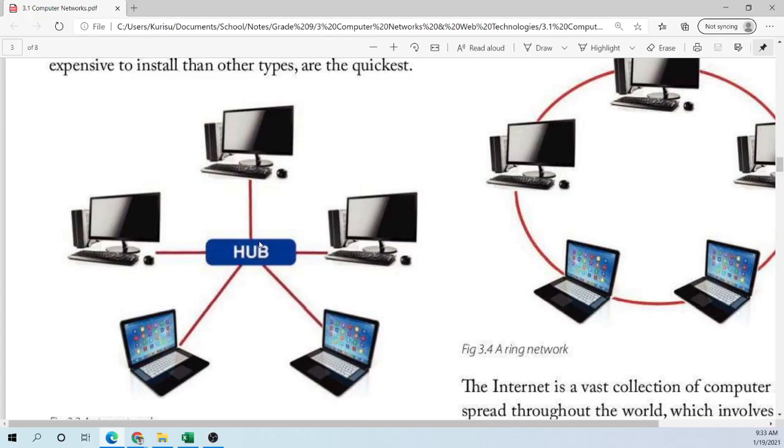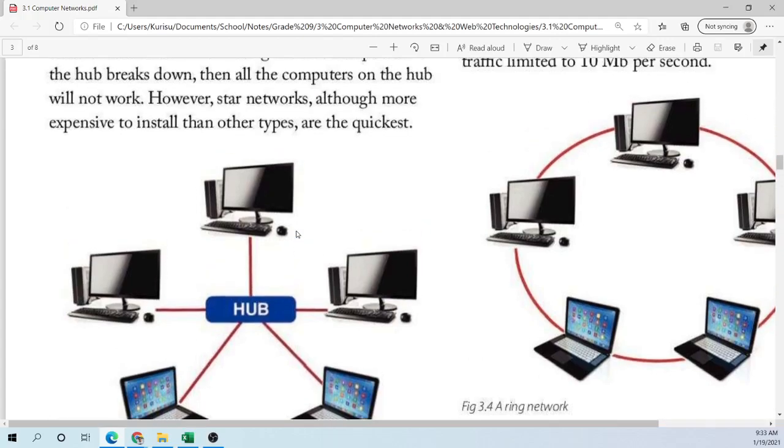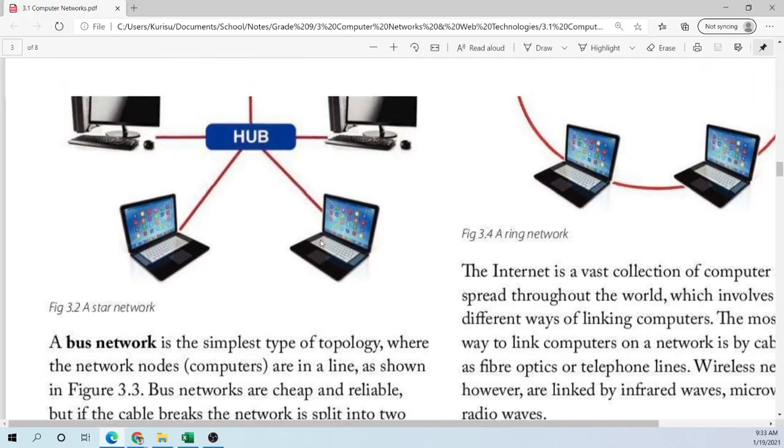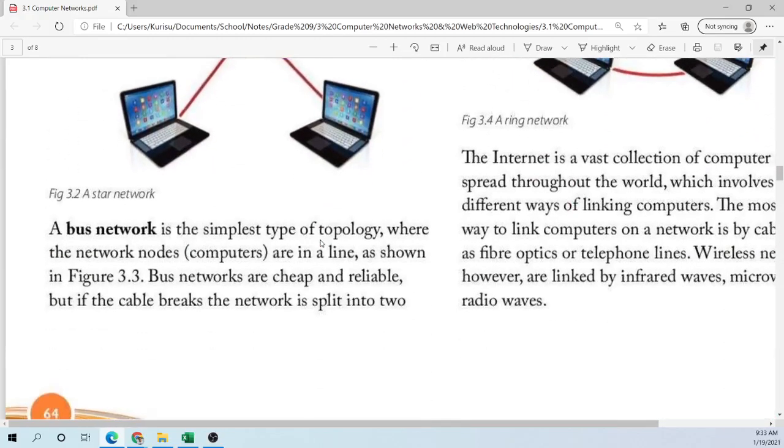So that is a star network. It has more speed, but the disadvantage is that it is more expensive, because if you have multiple desktops in your home, you have to buy more cable to run to each desktop, and that will cost you more there. So it only costs you more in terms of the cabling, because you have to run a cable to each device. So that's the advantage and disadvantage of a star.